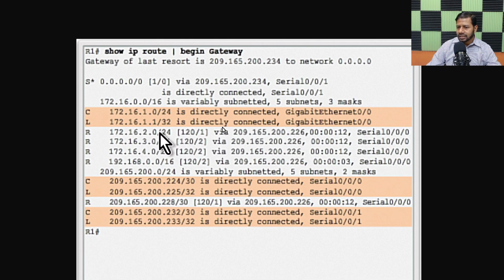To go to that network, my router is going to send the packet to this IP address. That's my next hop router. This timing 00:00:12, that's the timestamp. My router has learned about this route 12 minutes ago. Okay. And then serial interface, it has to exit through this interface to go to that router. Okay. So that's the routing table I showed you in the Google.